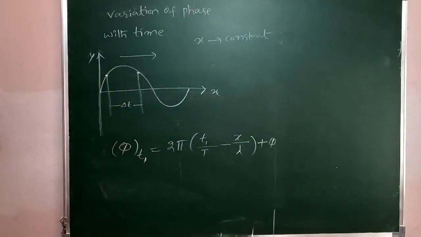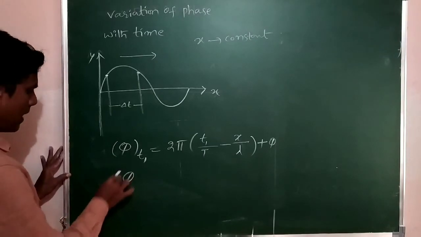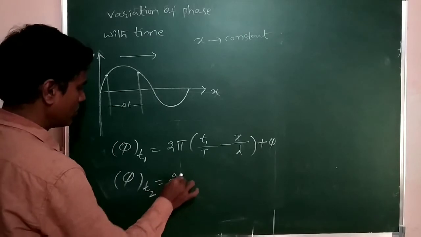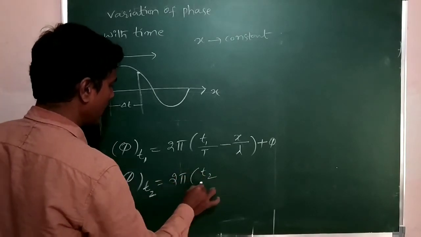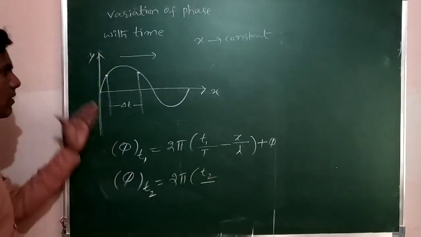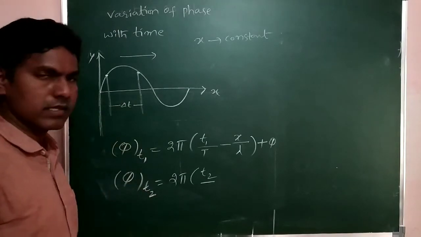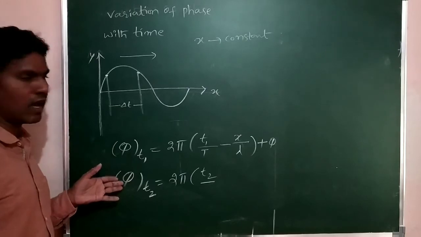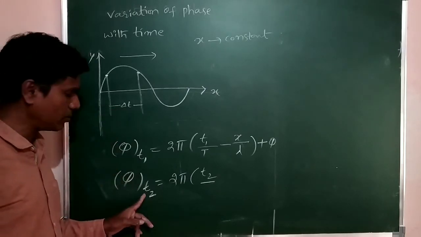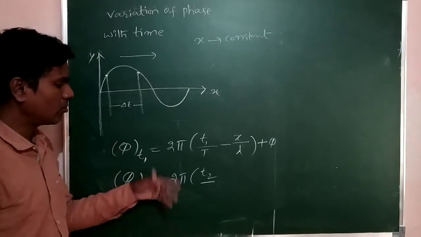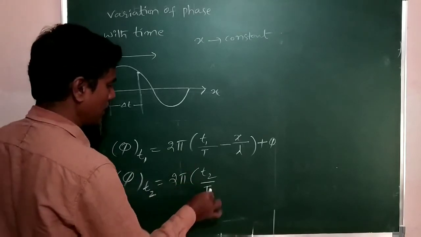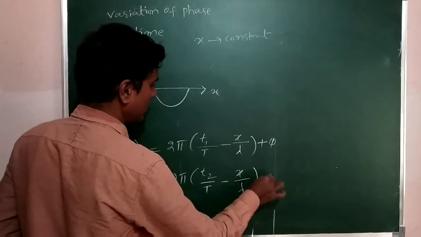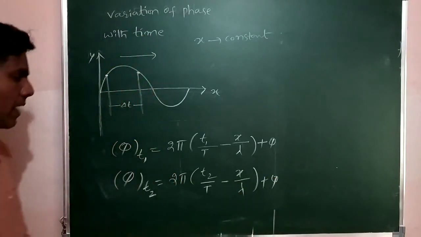It is one of the equations. And the phase at time t2 is equal to 2 pi of t2 by capital T minus x by lambda plus phi, because of the variation of time, when the wave is moving along the positive x direction.